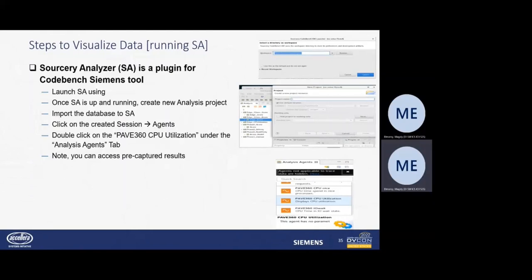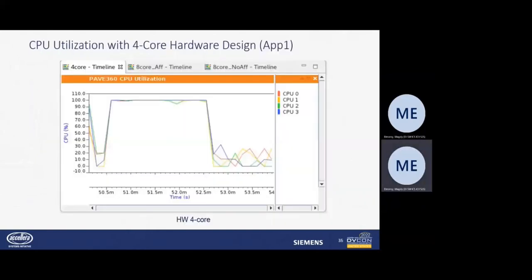And we used a utility to convert this raw data into the common tracing format and then display that in our analyzer. Then here we can see the CPU utilization for running this ADAS application on the 4-core hardware design, and we can see that the utilization is very high, almost 100%.